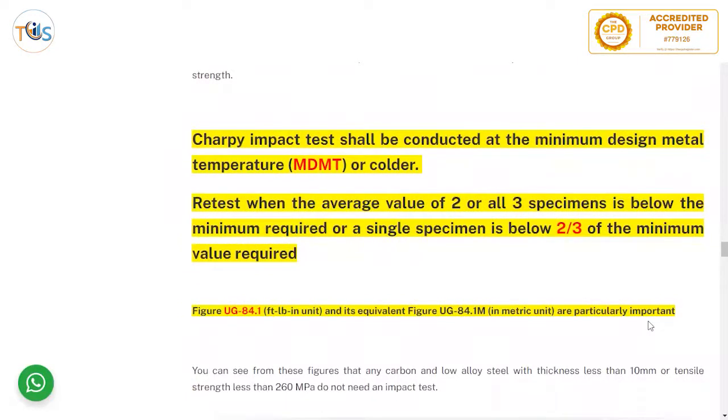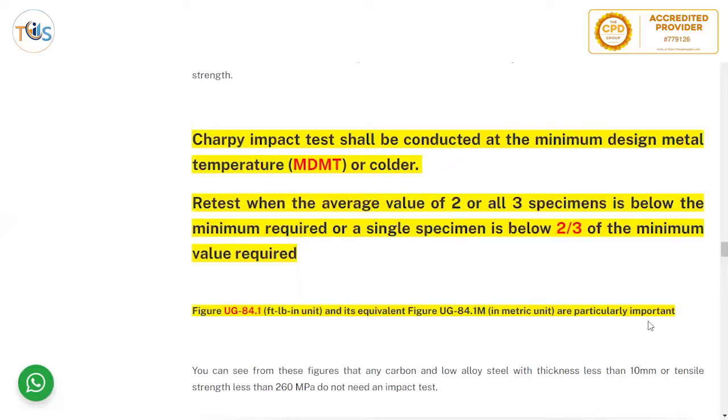So 3 specimens. Now, there are 2 requirements here. The average should not be below the value that is required for that particular material.